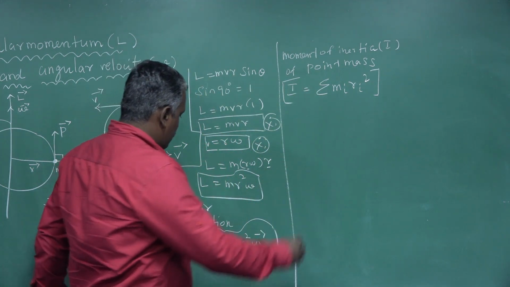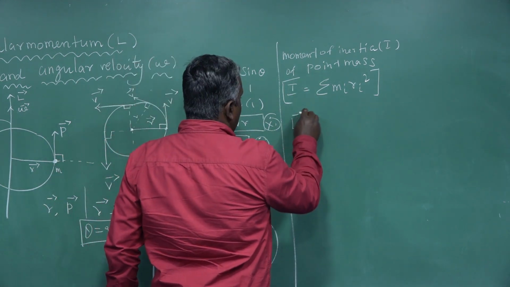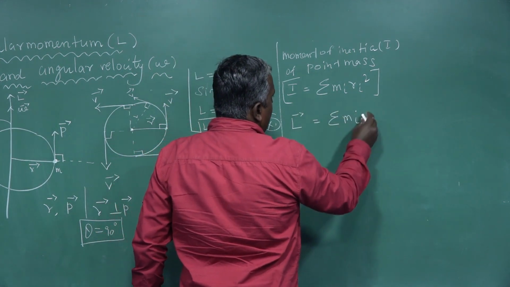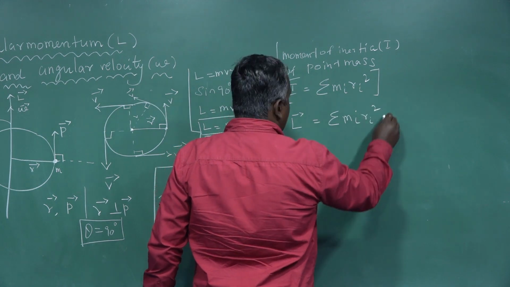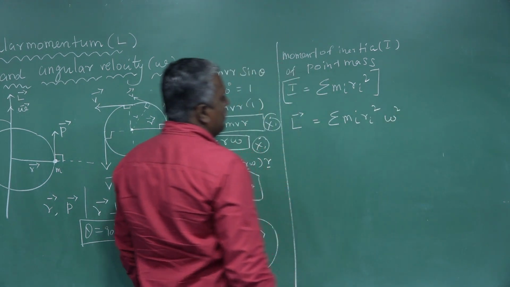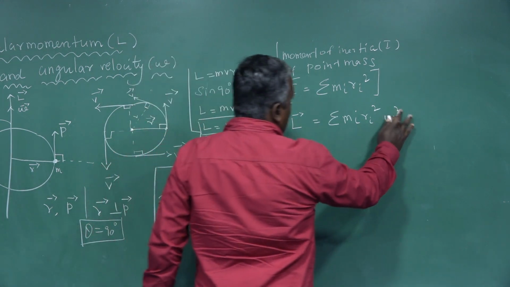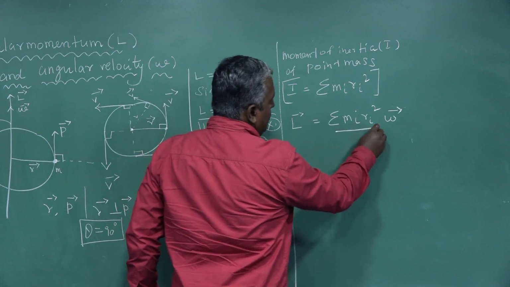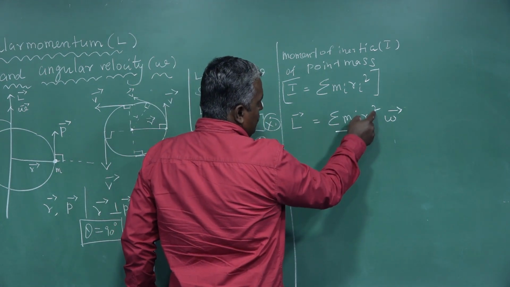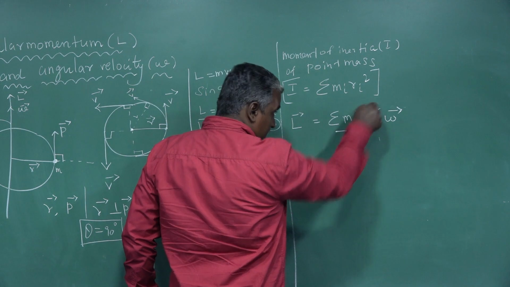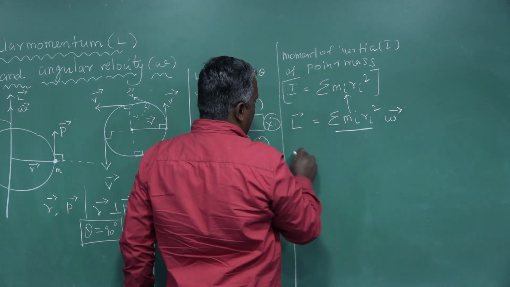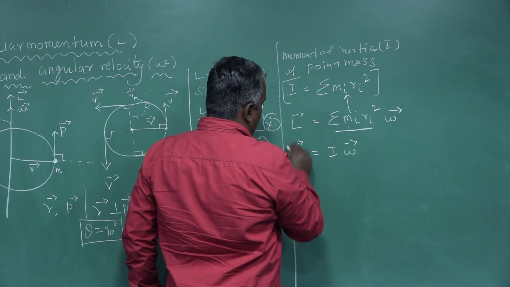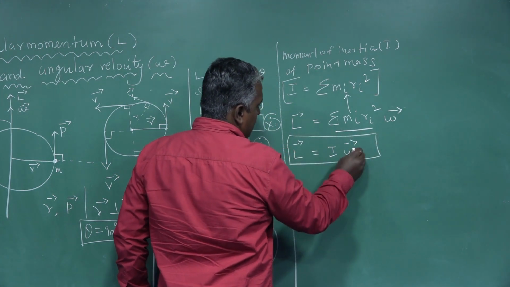Therefore L vector is equal to summation of mi r square times omega vector, which is I into omega vector.